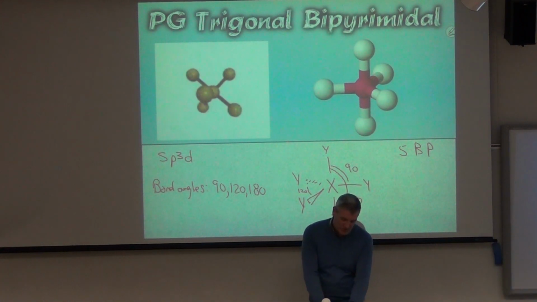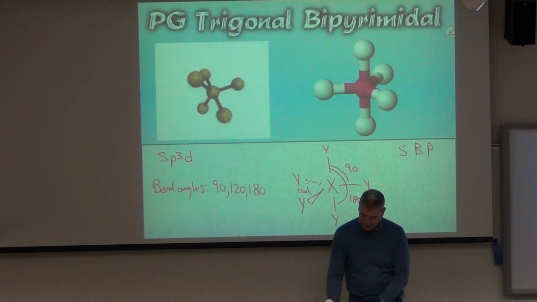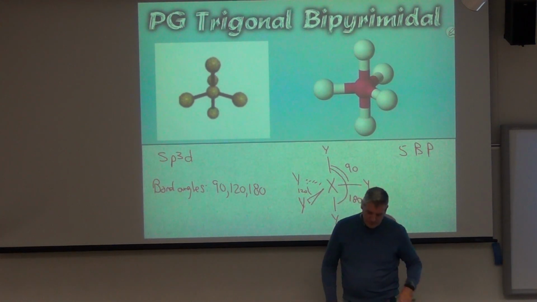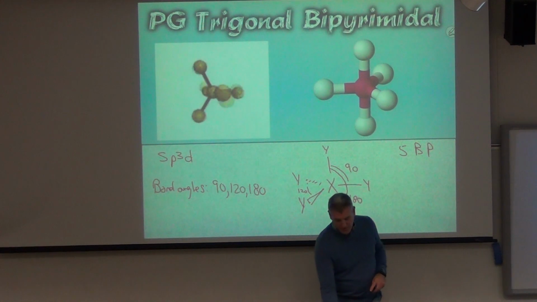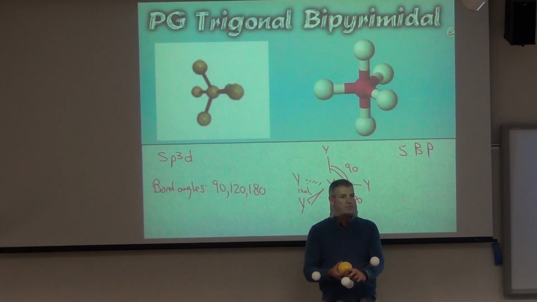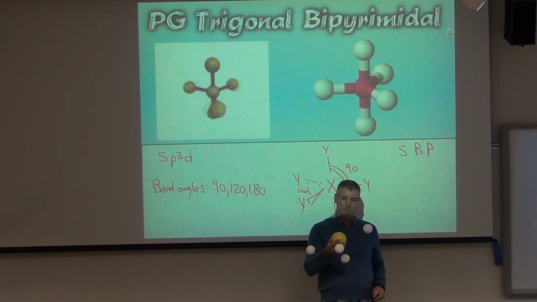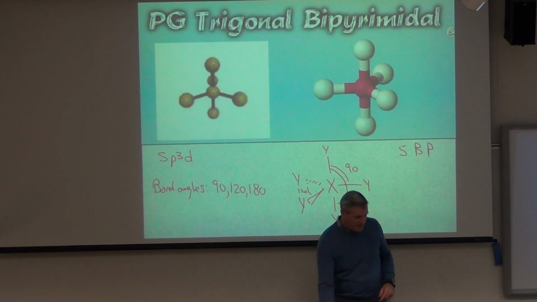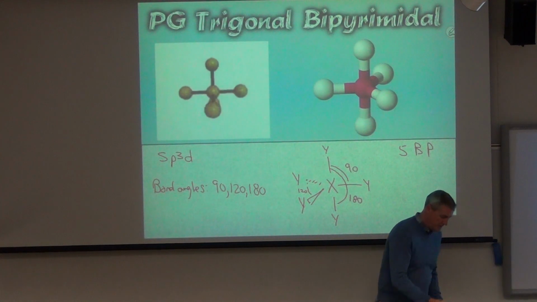Alrighty, last one that we're going to deal with today. If we replace one of these bonding pairs with a lone pair, we're going to get a molecule that looks like this. And you'll see that it's labeled on your sheet as seesaw, and this is why.